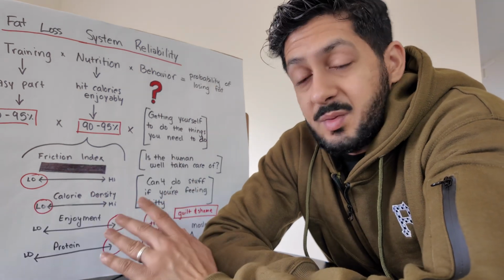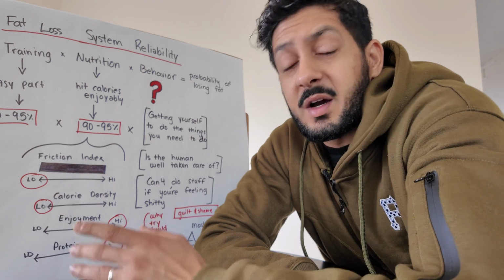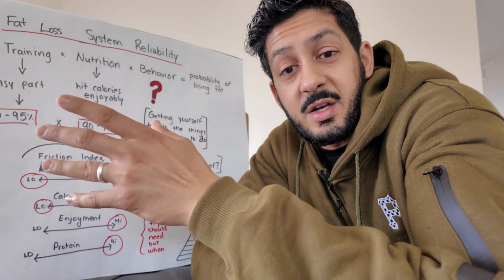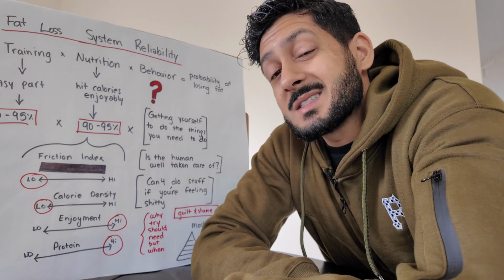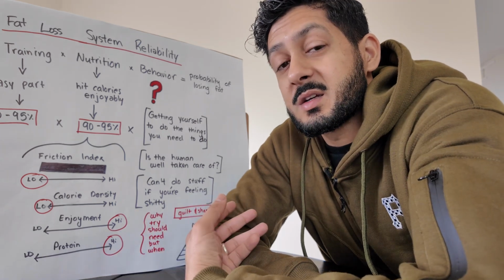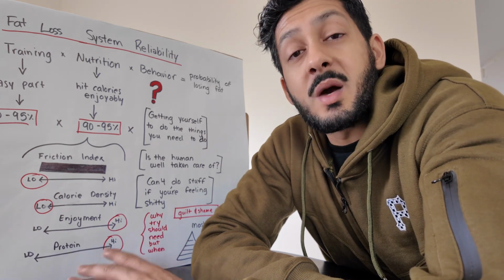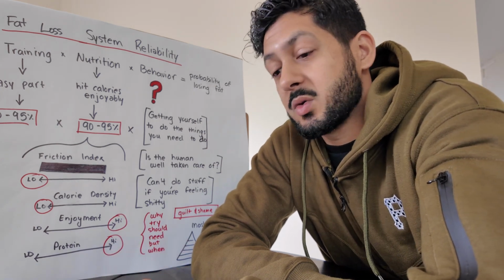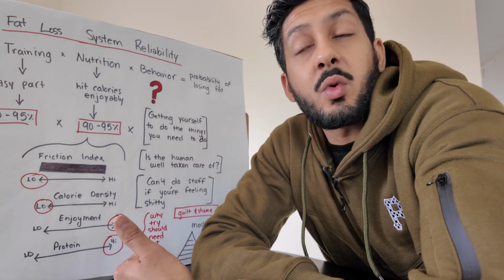Okay, so a simple one, let's say, I have an AC and a heater, a furnace. The probability of that system giving me the desired outcome, which is heating in the house, is going to be, what are the components of that? Okay, the components are, is the gas bill paid for?